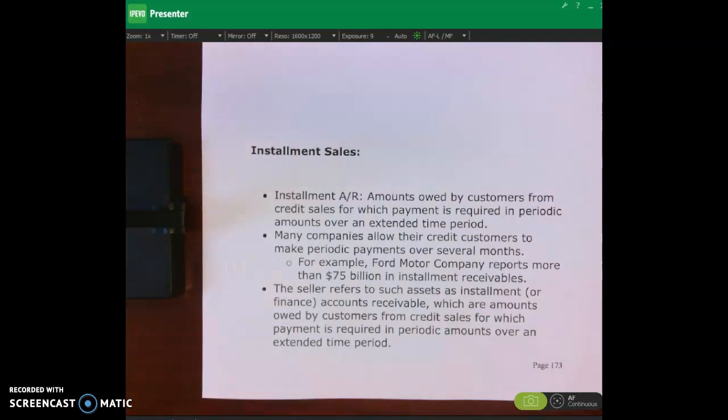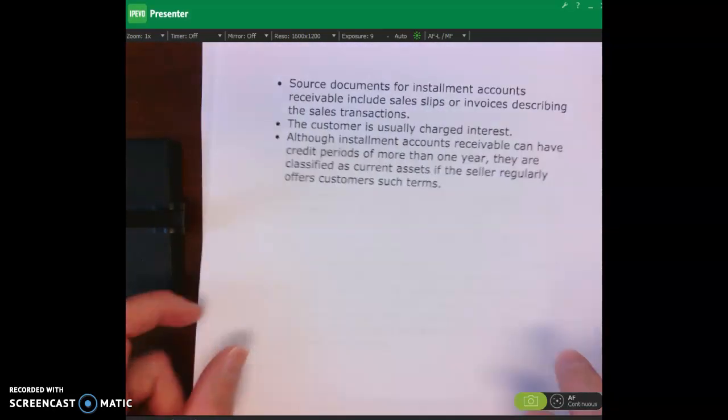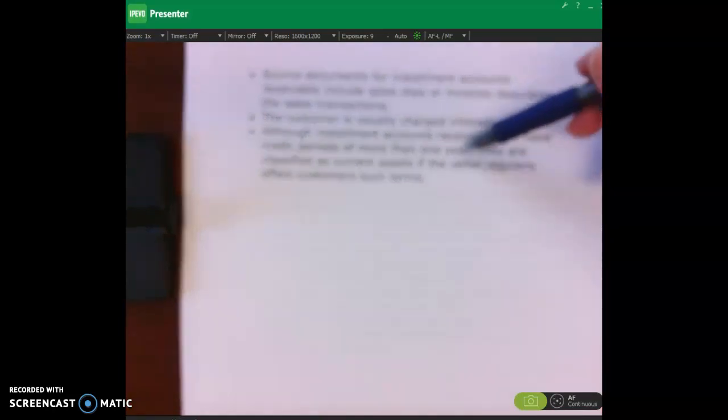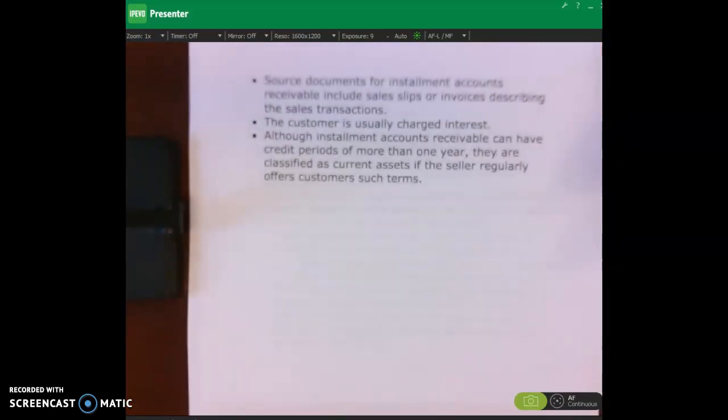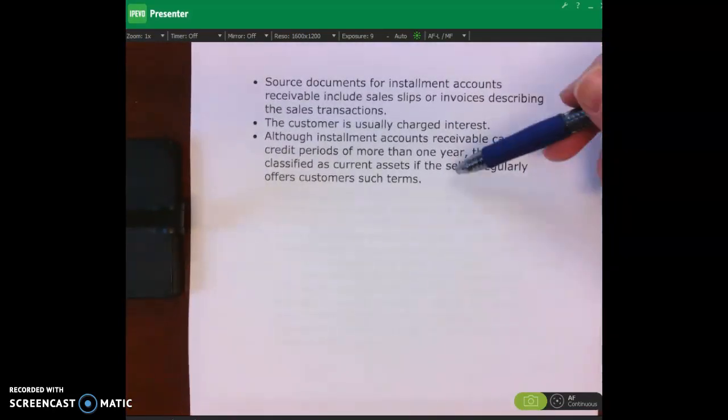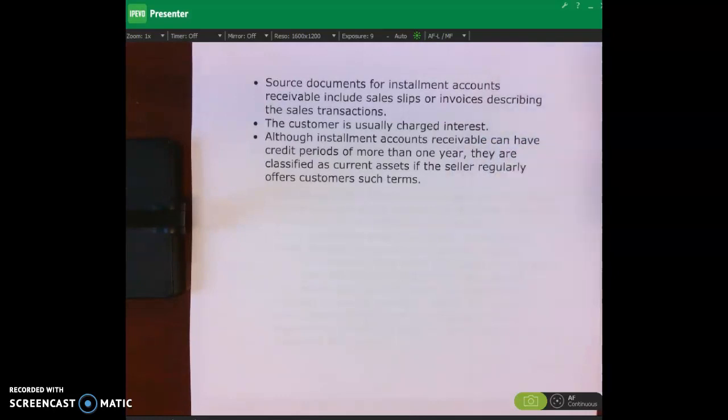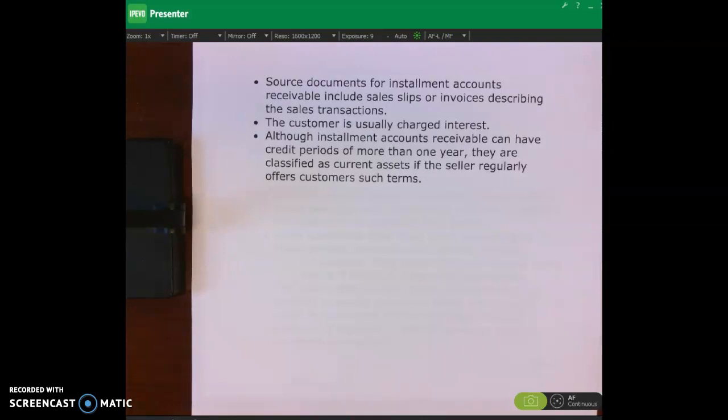And that's what I'm saying over here: although installment accounts receivable can have periods of more than 1 year, they are classified as current assets if the seller regularly offers customers such terms, which is very common with purchasing a car. Okay, that's an installment sale.